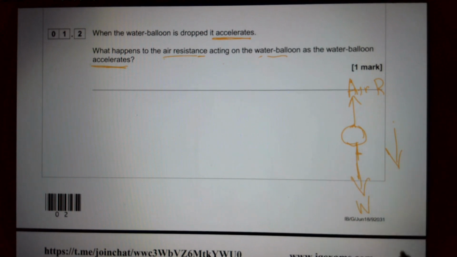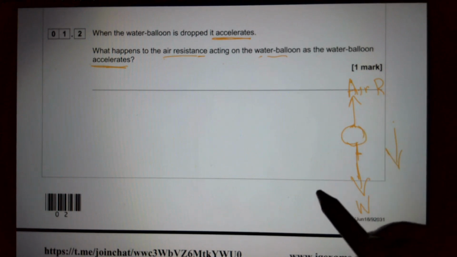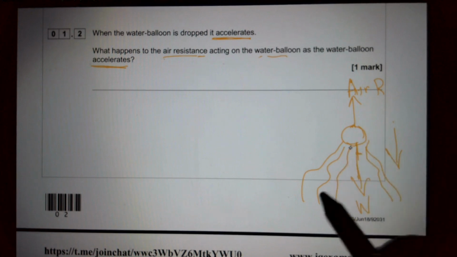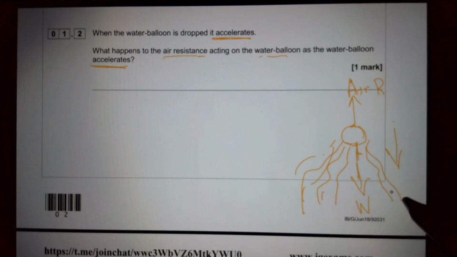Why does the air resistance increase? It is because as this balloon moves faster, there will be more air particles acting on the balloon as it is moving downwards, as it is accelerating downwards.